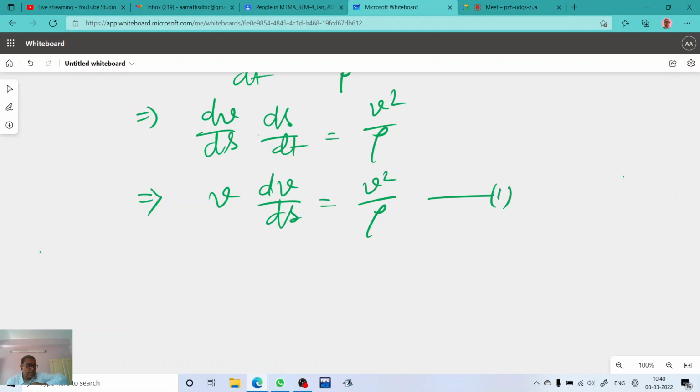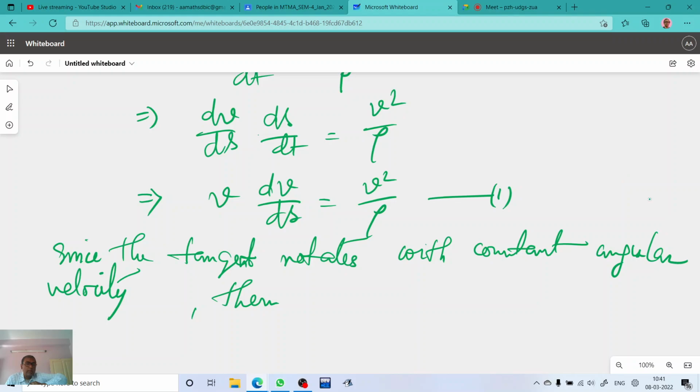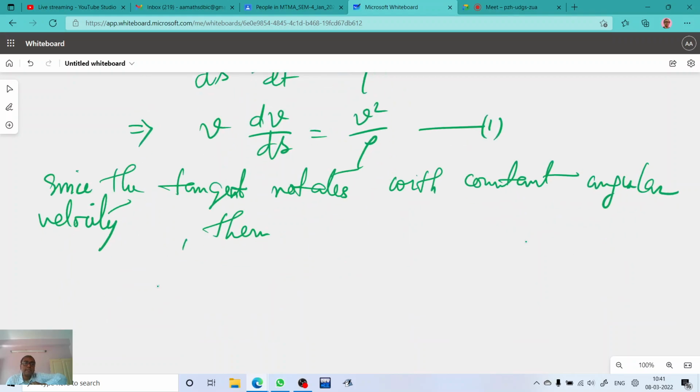Now next condition, tangent rotates with constant angular velocity. Since the tangent rotates with constant angular velocity, then from this condition d psi/dt equal to constant.